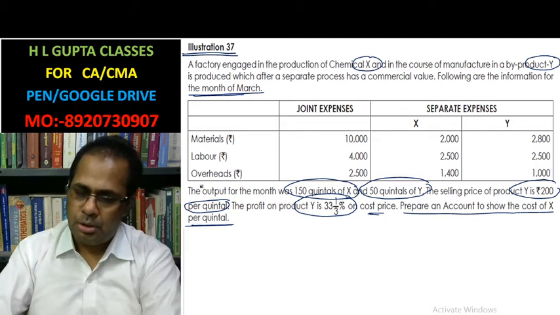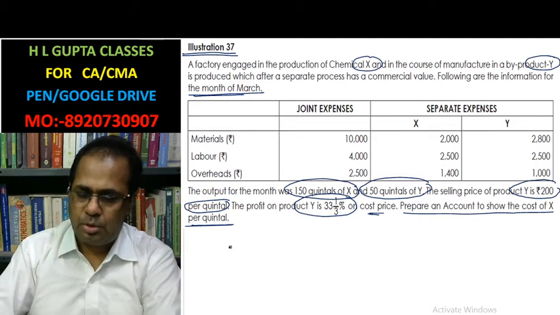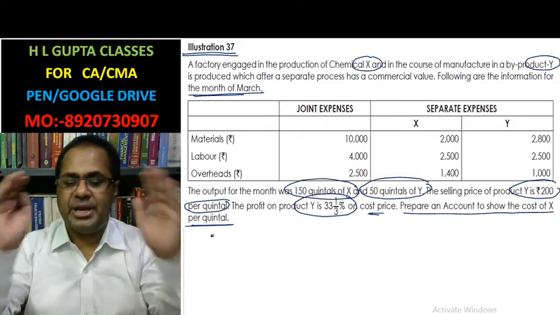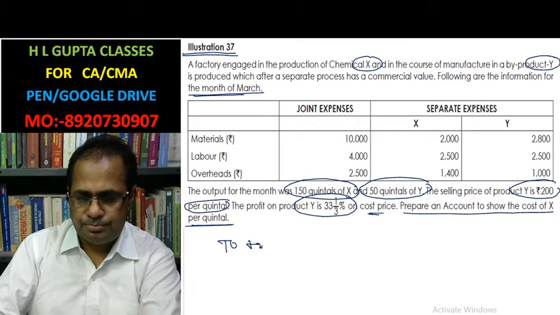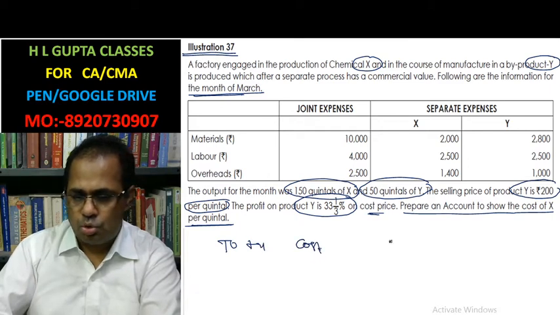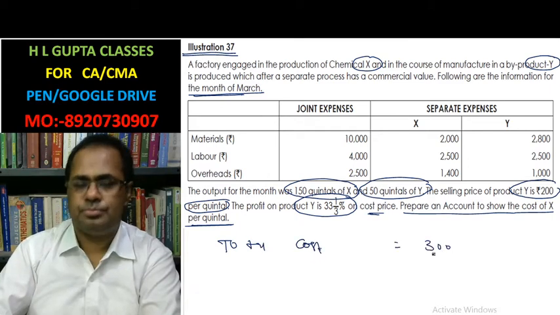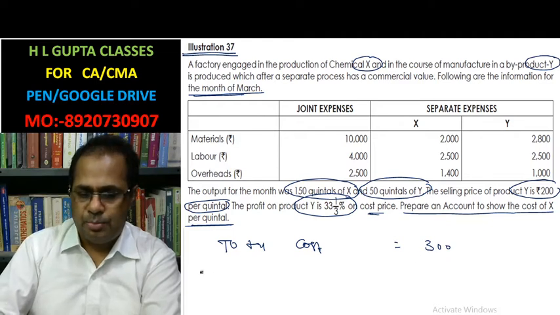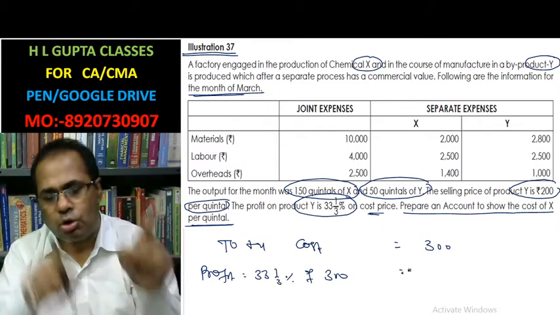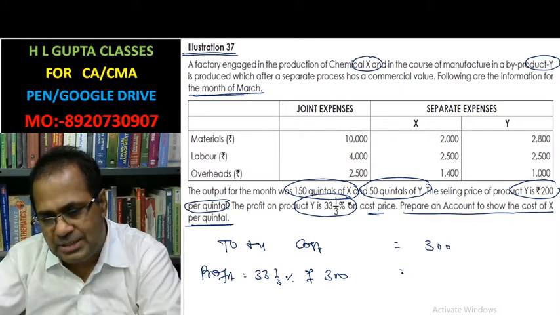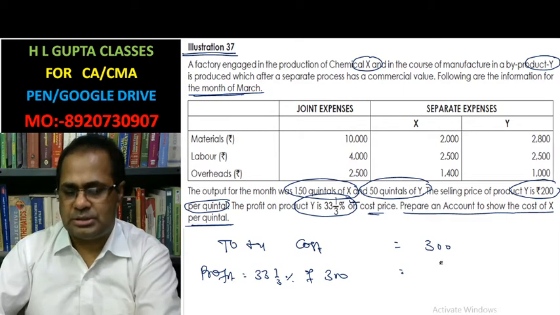I am going to make you understand one point. Suppose total cost is 300 and profit is 33.33% of 300, because profit is on cost. This profit is rupees 100.